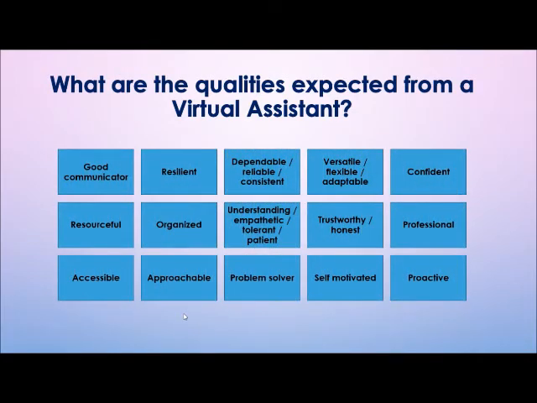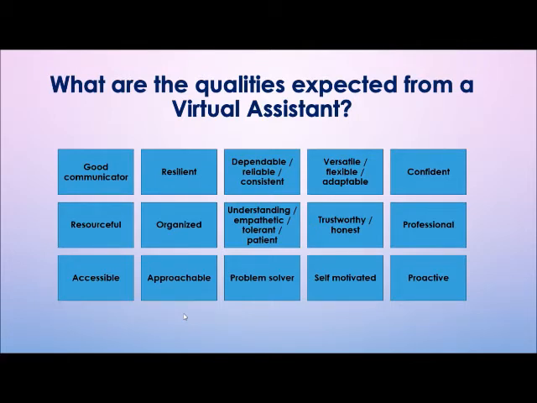So first off, we have to be a good communicator. A good communicator doesn't really mean that you have to be very fluent in English. The most important thing here is that you'd be understood by your client and you would be able to understand them. Since we're dealing with foreign clients here, communication is a really big challenge, because sometimes we would not be able to understand what they mean, or what they said if we're talking to them over the phone.